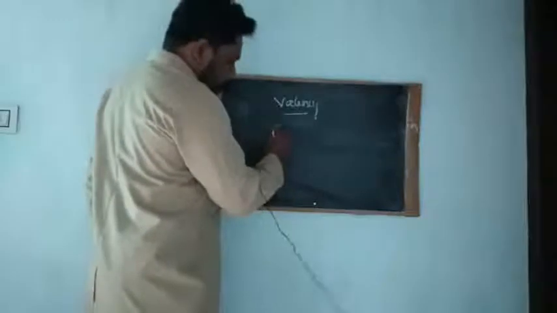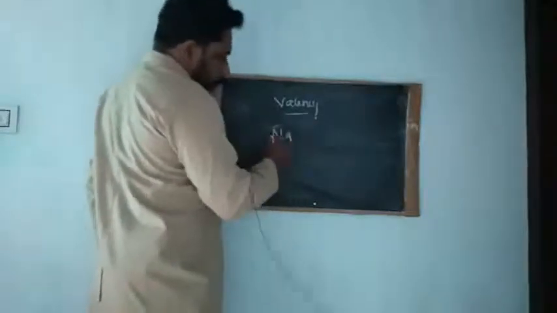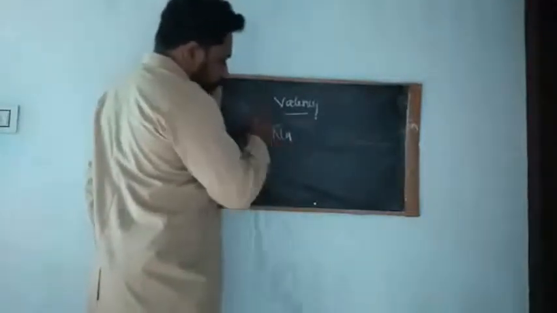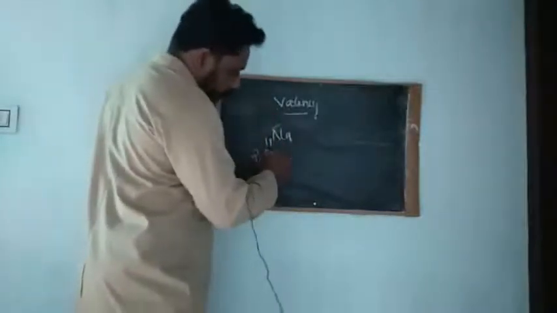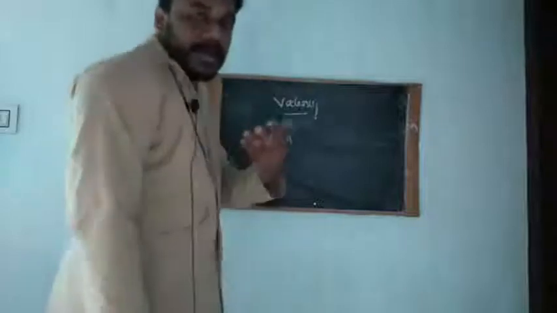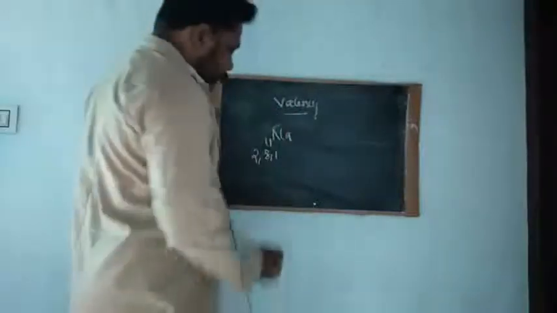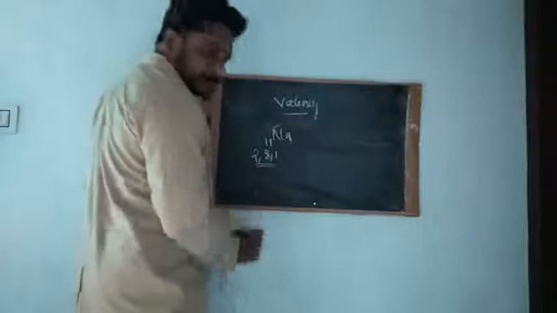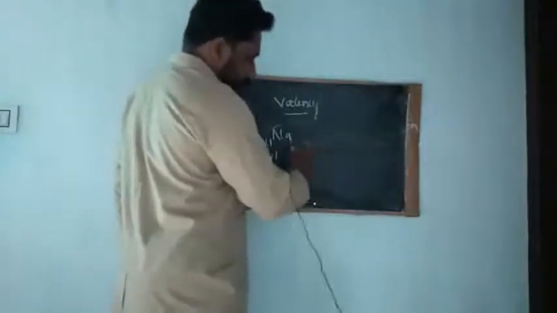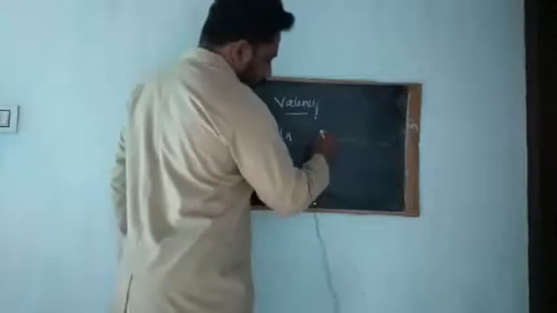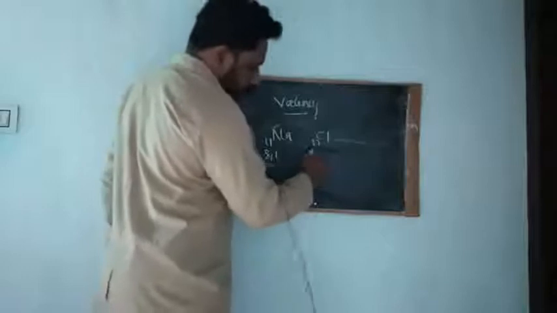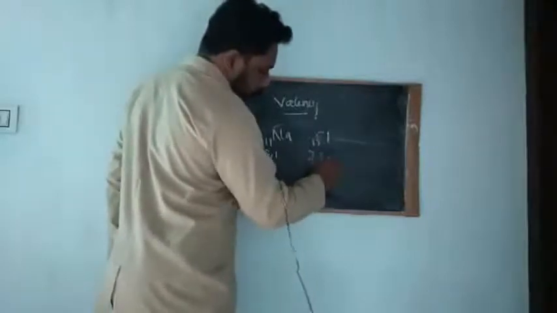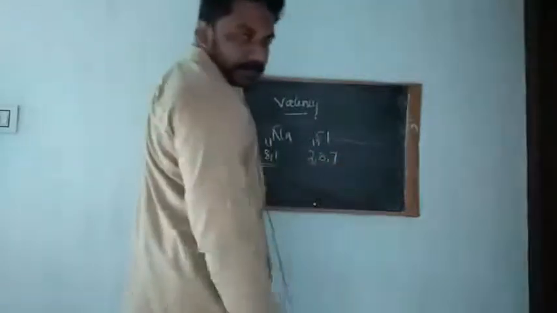For example, we know that sodium has atomic number 11. About this electronic configuration we'll learn in our next chapter. So this is how the electrons are distributed in the sodium atom. And chlorine's atomic number is 17, and the electronic distribution in the chlorine atom will be 2,8,7.